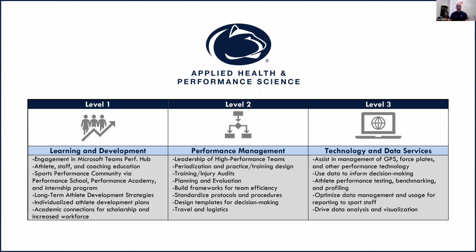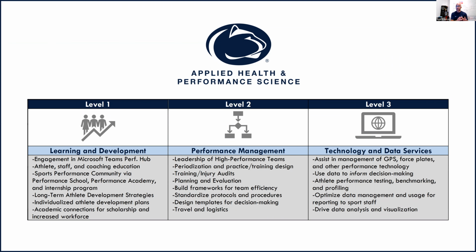So at the beginning, we break it down into level 1, learning and development. That is an area in our field of teaching athletes, teaching coaches, bringing synergy to everyone around development.